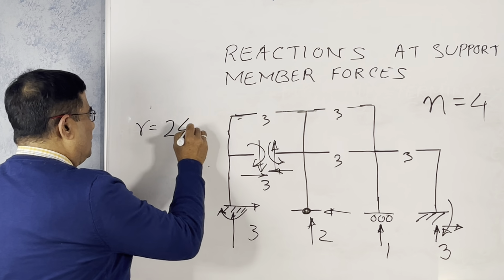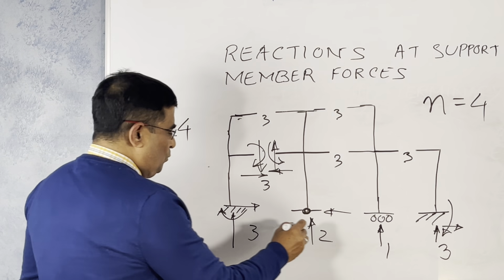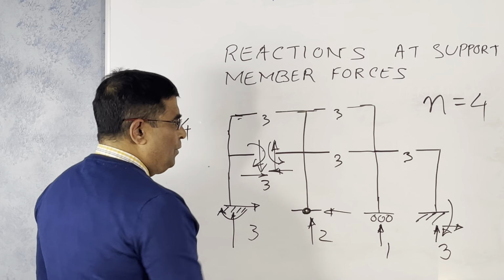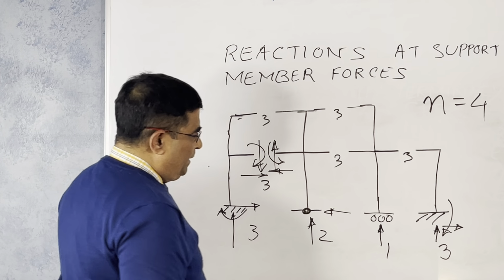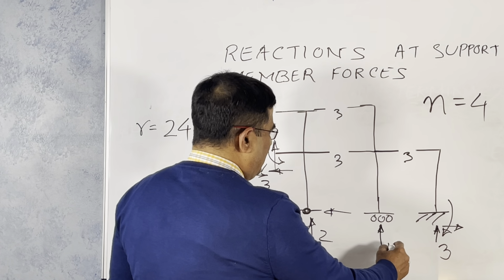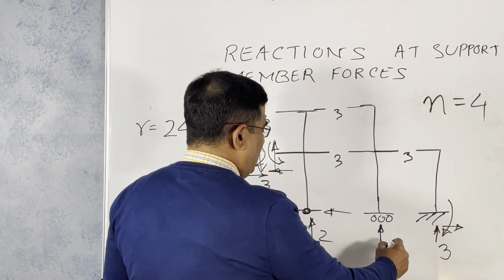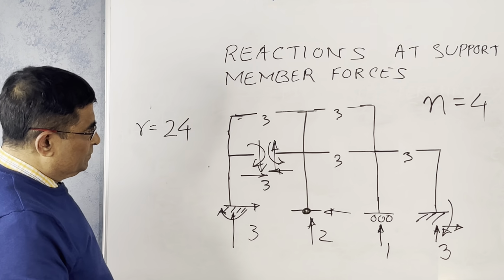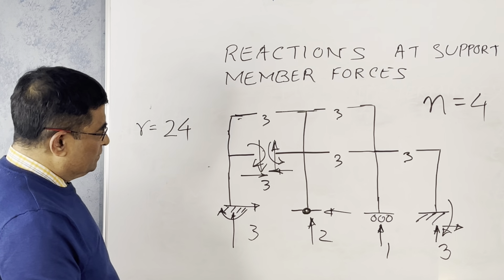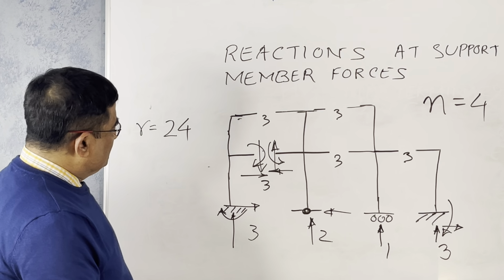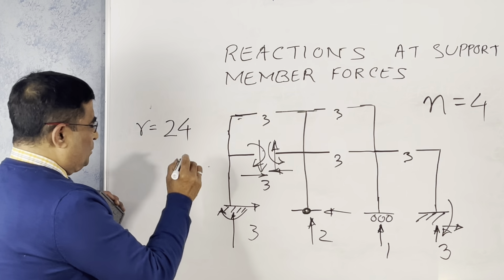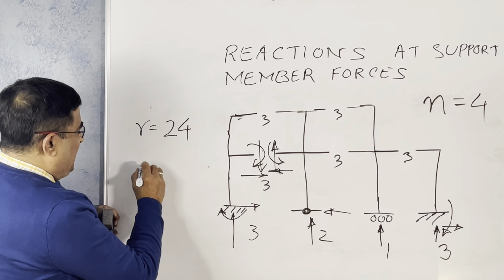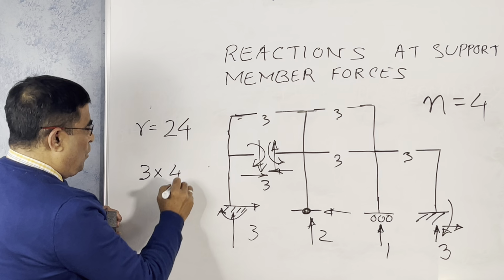R equal to 24. Correct? R equal to 24. Now check what is the value of 3n. 3 times 4 equal to 12.